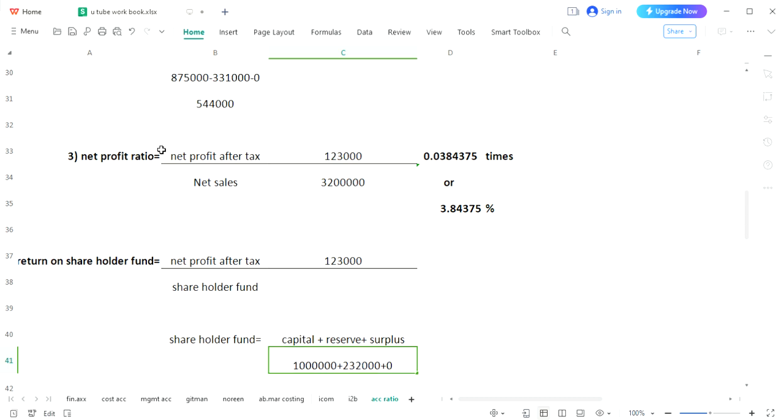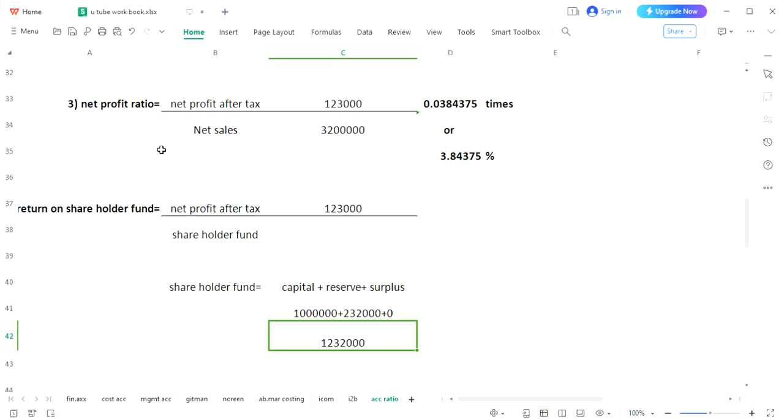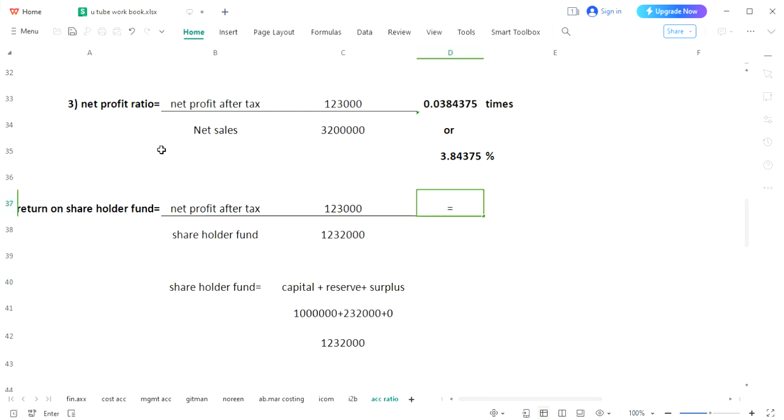Now we are able to calculate shareholder fund by adding capital, reserve and surplus, and that is 1232. Write down over here 1232,000. So guys, our formula is completed, amounts are entered, net profit after tax divided by shareholder fund.